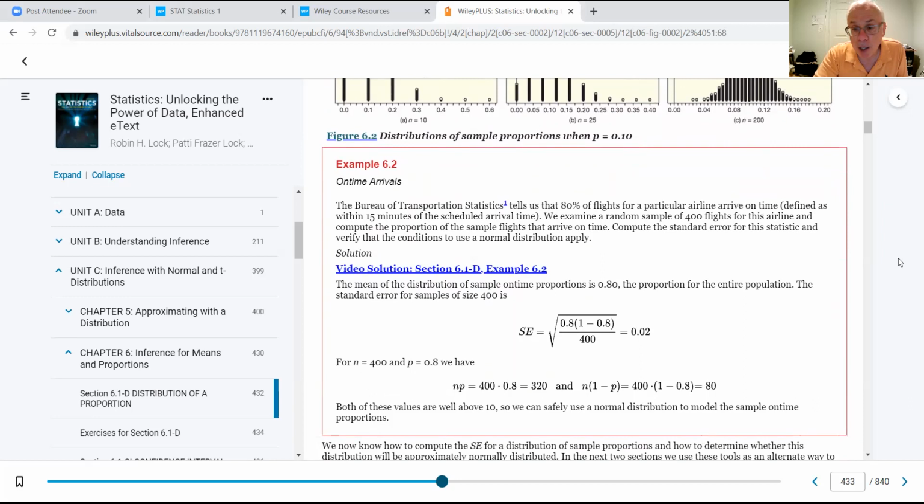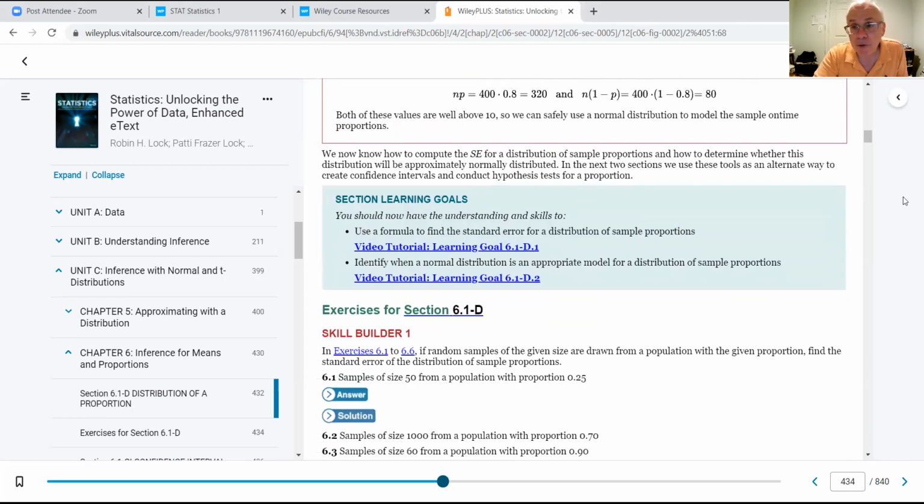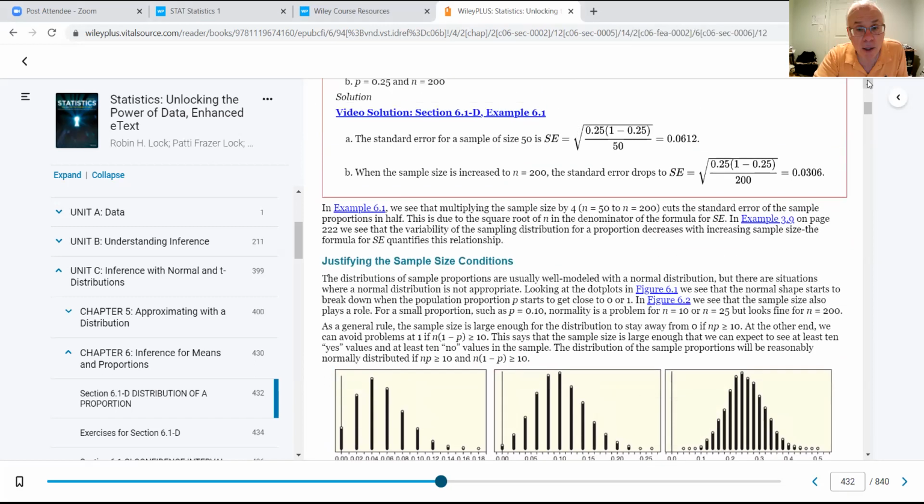We have to multiply, let's see if I can find it here. Okay, here it is right in this section here. Justifying the sample size conditions. This little section in here. Basically, what we do is we take the sample size, n, and we multiply it times p.